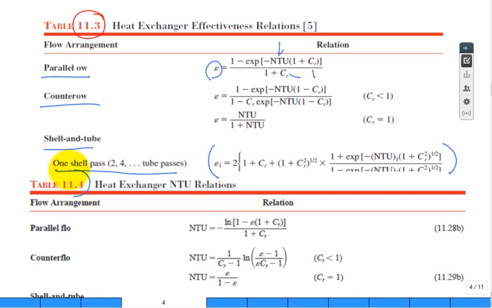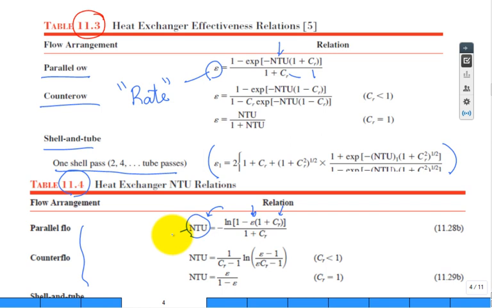Here in table 11.4, another table, this is the NTU. So it's as if you're given the effectiveness and C sub R, how to calculate NTU for different configurations. The effectiveness, if you think about it, allows you to calculate the rate of heat transfer. So if you know the effectiveness, you know the rate of heat transfer, what you need to accomplish in the device.